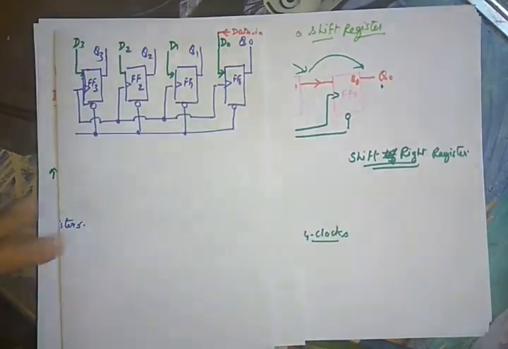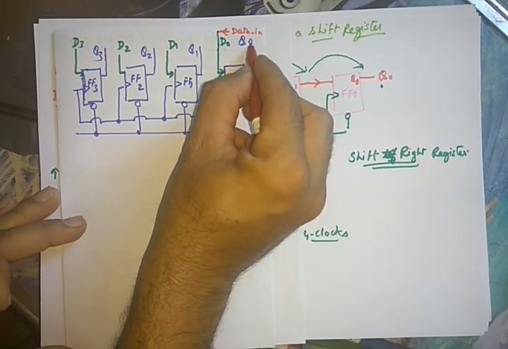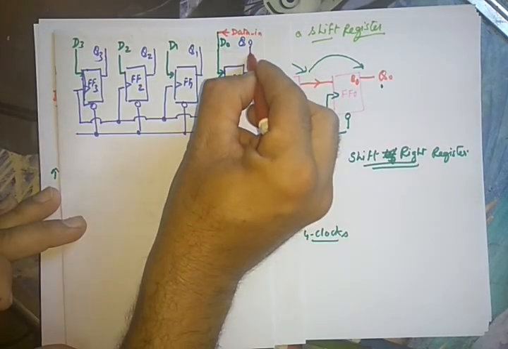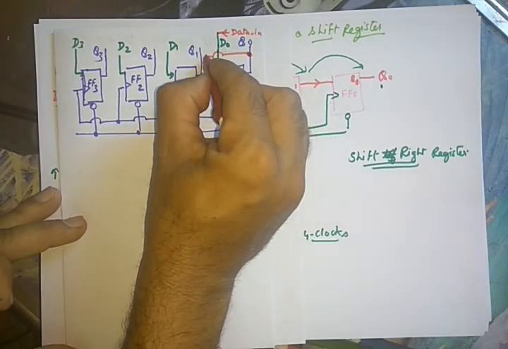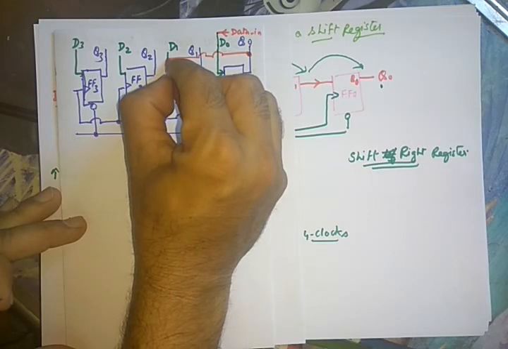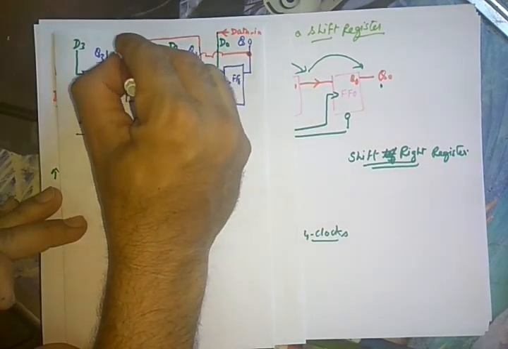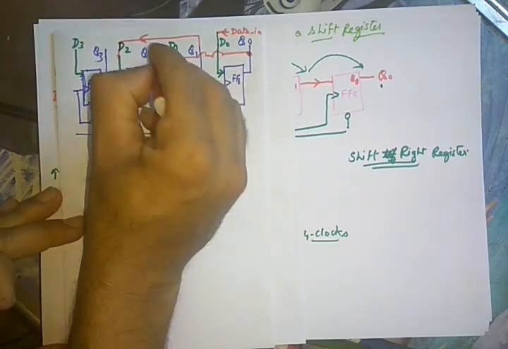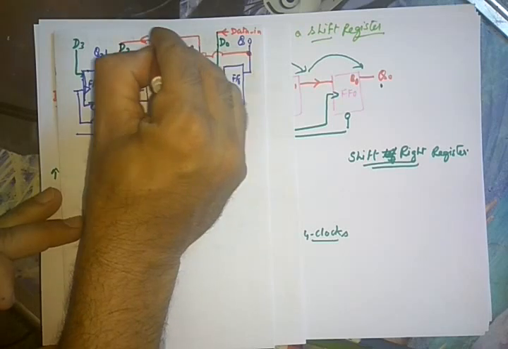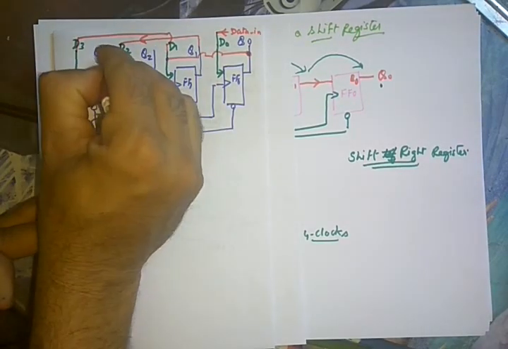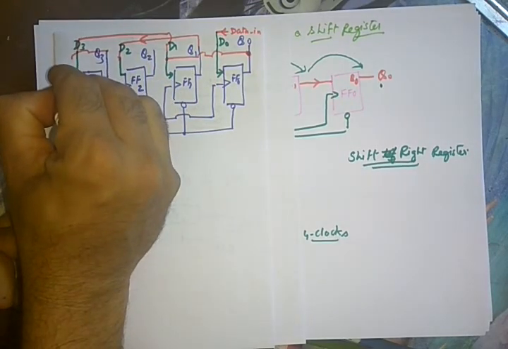Now output of this will be connected to D2, then output of this will be connected to D1, then output of this will be connected to D3, and this will be considered as a final D out.